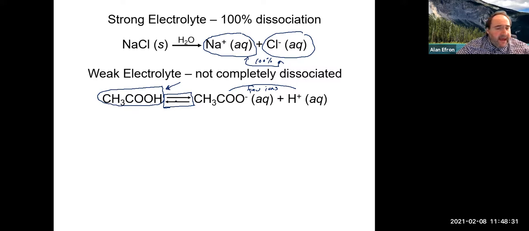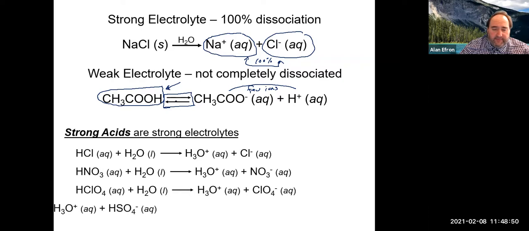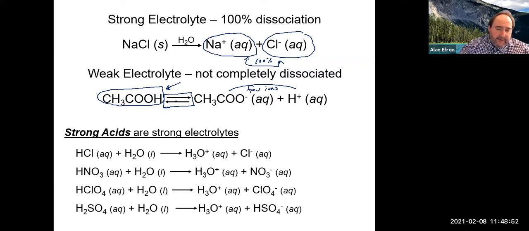In the case of acids and bases, we do have strong acids, which are essentially strong electrolytes. We also have strong bases, which are also strong electrolytes. And again, we also have weak acids and weak bases, which follow the weak electrolyte approach. Some of the strong acids that we probably have talked about before: hydrochloric acid, nitric acid, perchloric acid, and sulfuric acid.